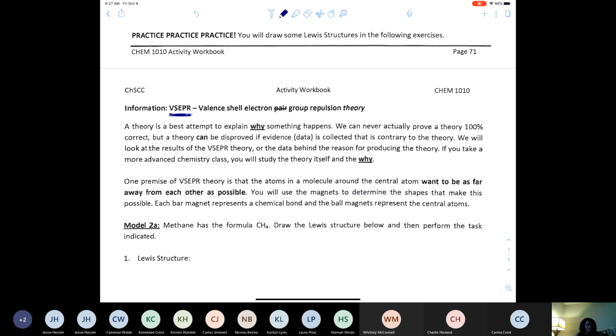So we know that a theory in science is something that explains best why something occurs. And so a theory becomes accepted by reputable people in the profession. But the theory is never actually 100% proven to be correct, but it is accepted to be correct.